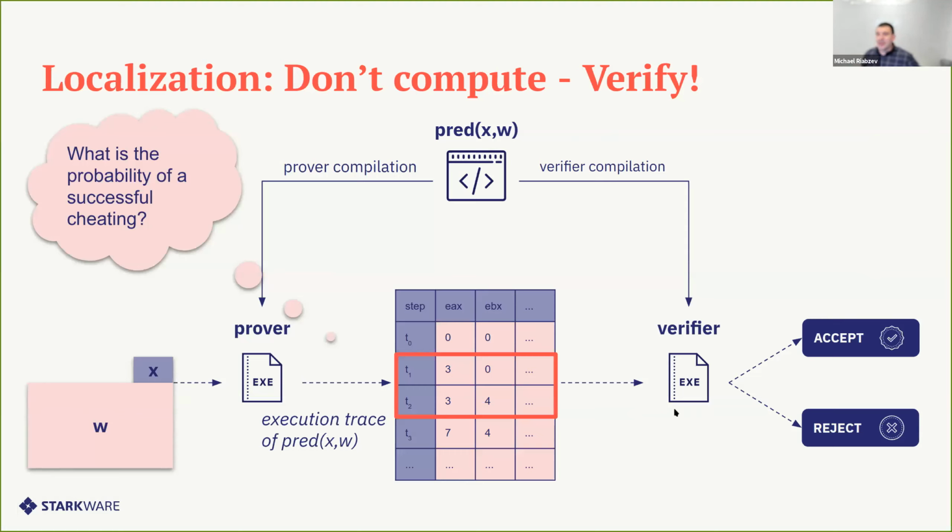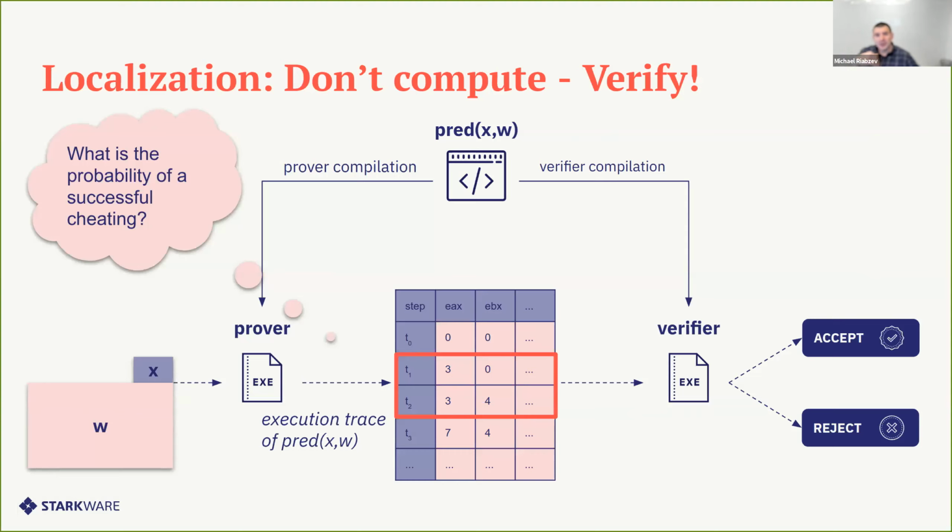Does anybody have an idea what would be the issue in this? What's the probability of a malicious prover to cheat? The probability in this case would be approximately 1 over the length of the trace.